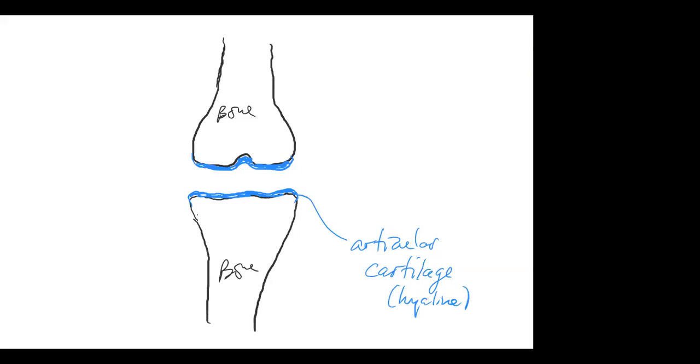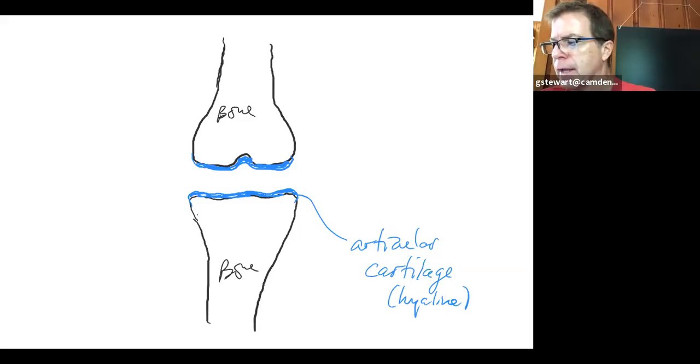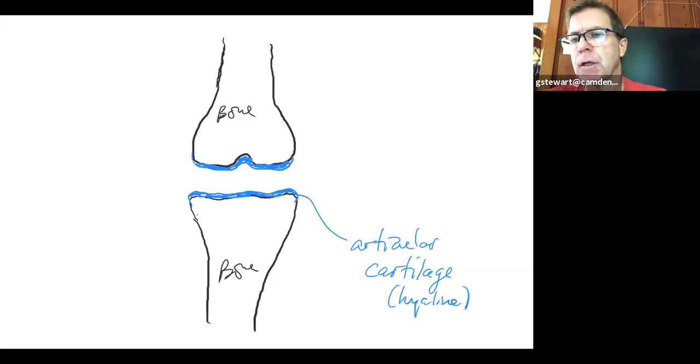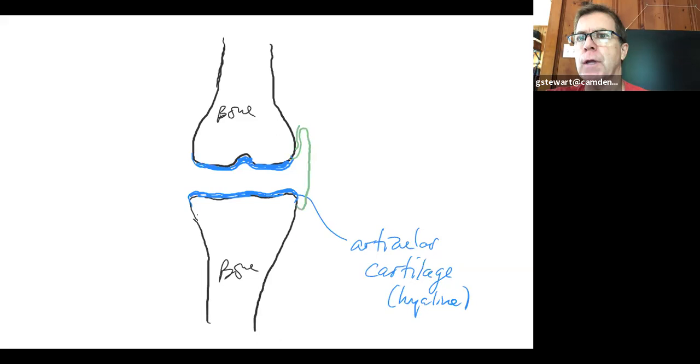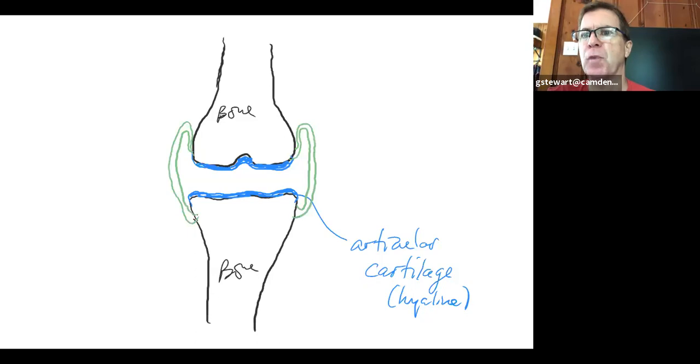Now, around this space, or what really creates this space, is something called a synovial membrane. So I'm just going to use a different color for that. It's a double-walled serous membrane, so there's 2 layers to it. I'm exaggerating some of this so that you can see the different tissues better.